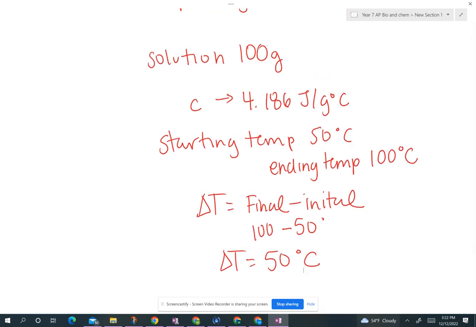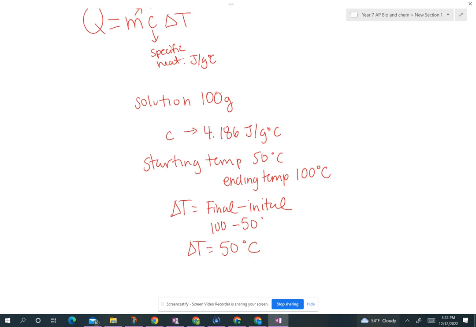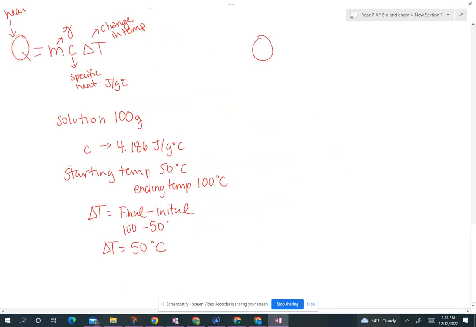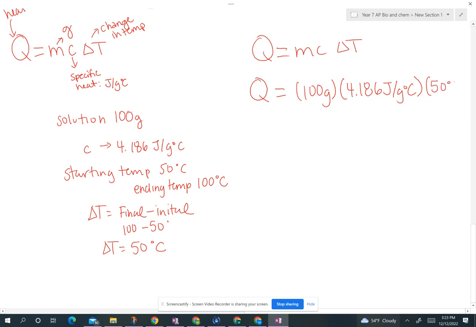Now I'm ready to plug this in. I'm going to rewrite my Q equals mc delta T. I'm looking for Q. I have an m, which is 100 grams of my water. My c is 4.186 joules over grams degrees Celsius. And then my delta T, which is my final minus my initial, is 50 degrees Celsius.